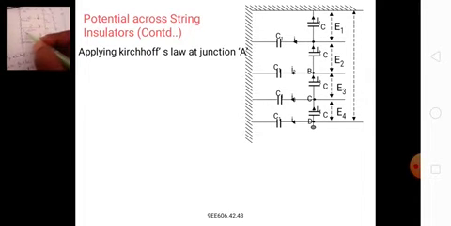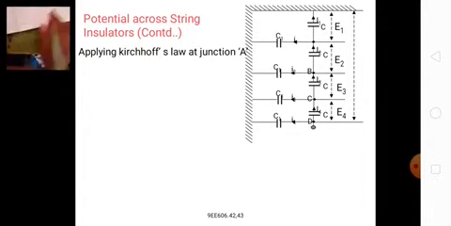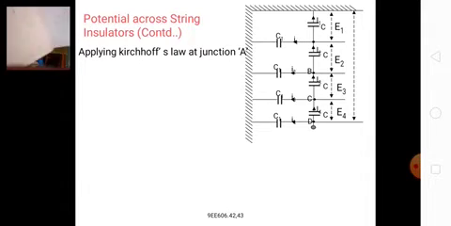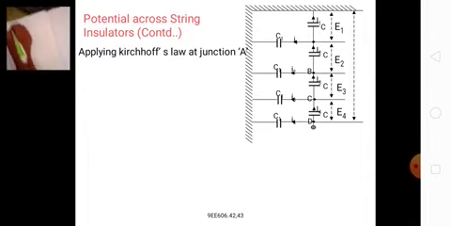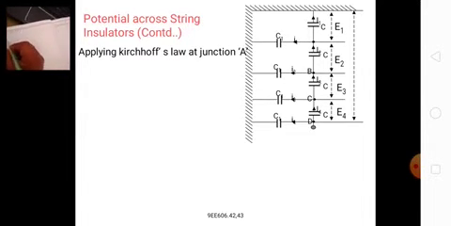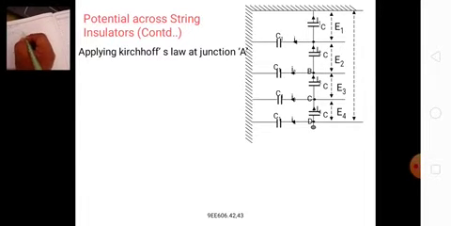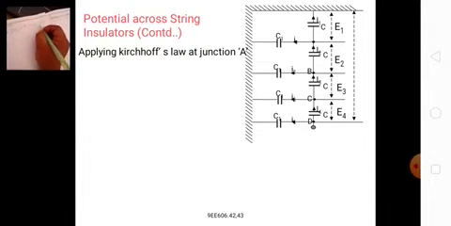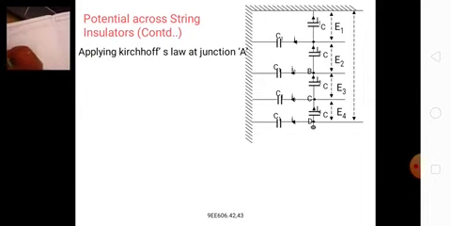So IC is equal to E1 plus E2 plus E3. E1 is nothing but E1, E2 is nothing but E1 into 1 plus 1 by M, and E3 is nothing but E1 into 1 plus 3 by M plus 1 by M square.